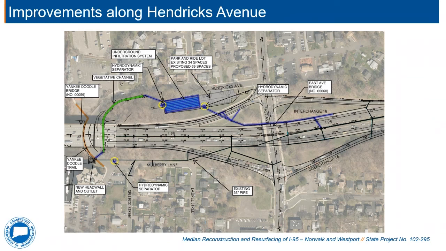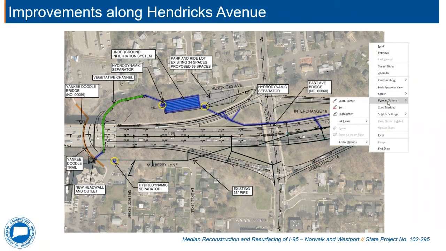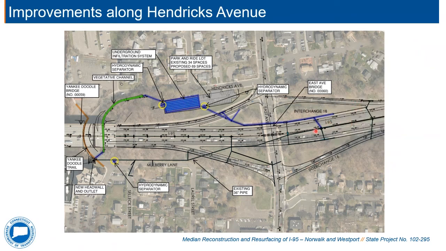As part of Project 102-295, we will be installing a supplemental drainage system here, shown on the screen in blue. Give me one second to activate the laser pointer so you can see. The existing trunk line drainage system in the median is this black line coming down the center here. It then works its way down through Mulberry Lane and discharges into the Norwalk River down here.